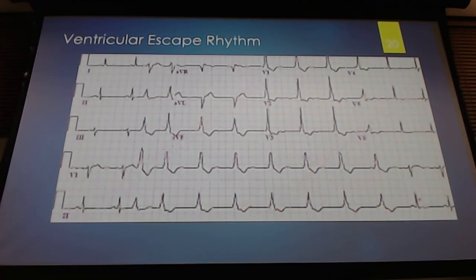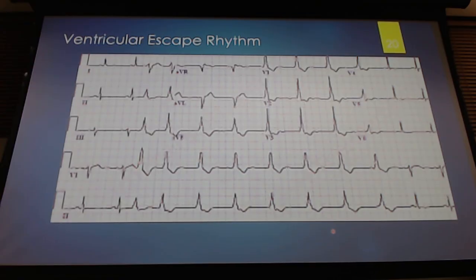And look what happens at the end. It goes back to now the SA node is firing. But in between there, we've got multiple beats of wide complex QRSs before we go back to our normal sinus rhythm. And so something is causing this to occur.